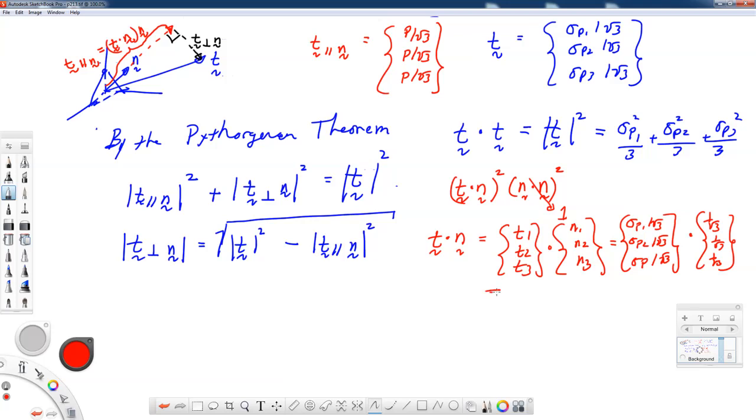So T dot n is equal to 1/3 (sigma P1 plus sigma P2 plus sigma P3). And then T dot n squared is equal to 1/9 (sigma P1 plus sigma P2 plus sigma P3) quantity squared.